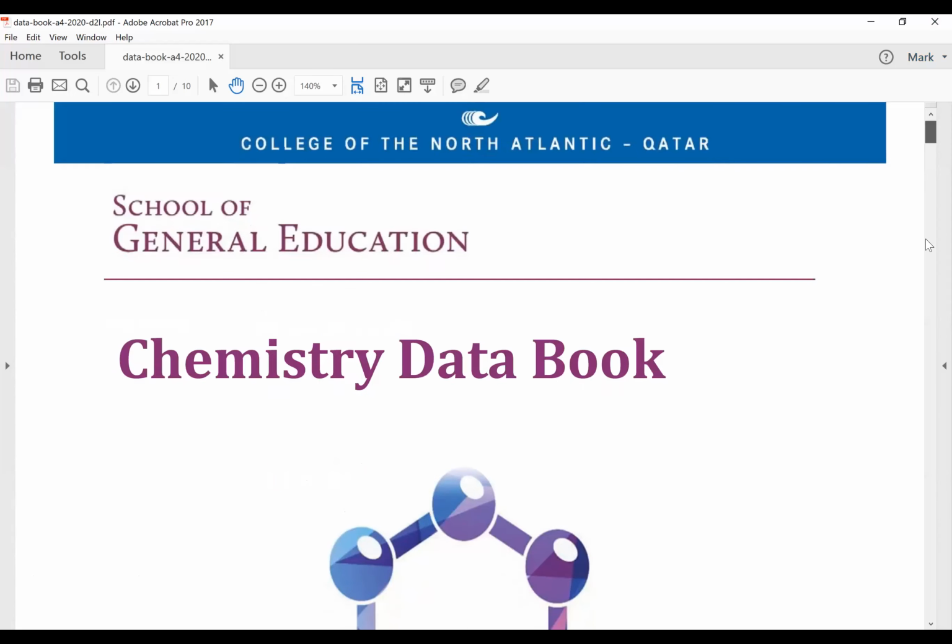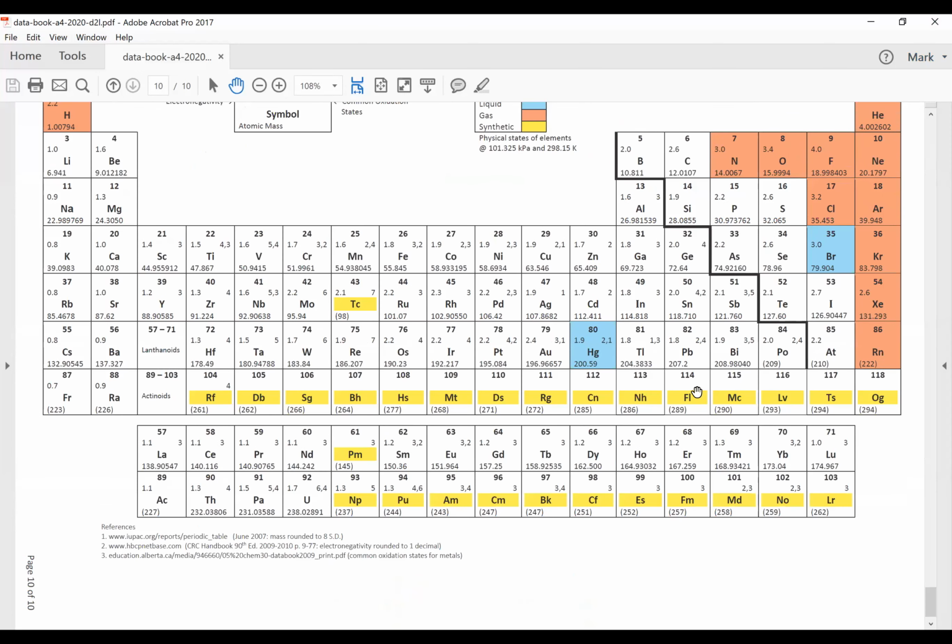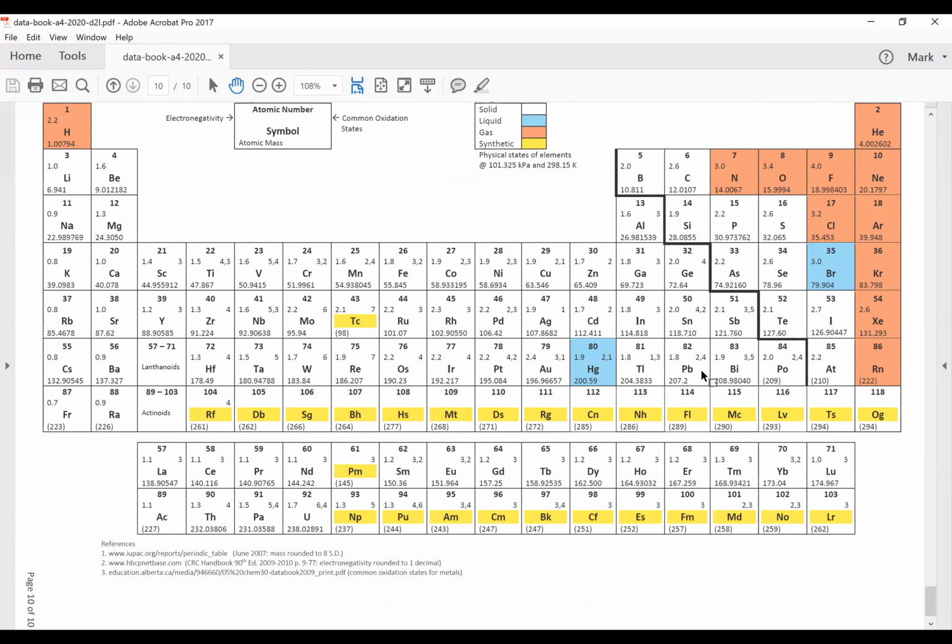So my bonds, I have carbon and oxygen, and I have hydrogen and fluorine. So what I'm going to do is make a mental note of these numbers here. Hydrogen is 2.2, carbon is 2.6, oxygen 3.4, and fluorine 4.0.